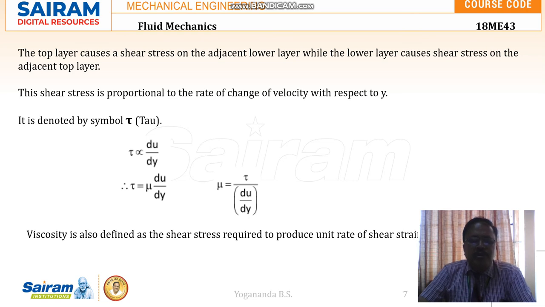So mu is equal to tau divided by du by dy. Viscosity is defined as the shear stress required to produce unit rate of shear strain. So viscosity mu is given as the shear stress tau required to produce unit rate of shear strain, that is du by dy. So this is about the viscosity of the fluid.